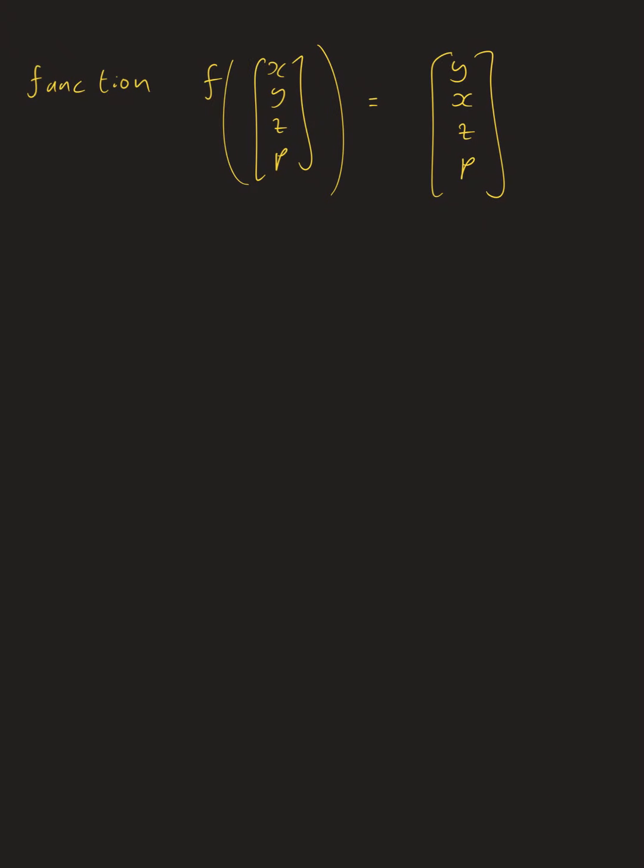Let's say I want a function that takes in 4 numbers, x, y, z, and p, and it swaps the first 2. Can I come up with a matrix that will do that for me? Well, how about this one? It's going to be a 4 by 4 in this case. And so what's the first row of this matrix going to be?